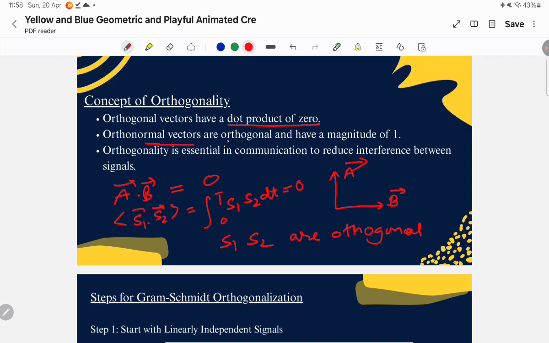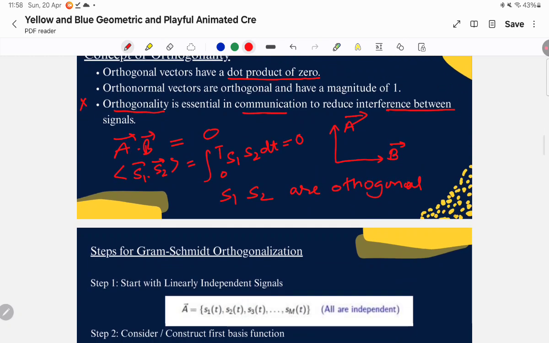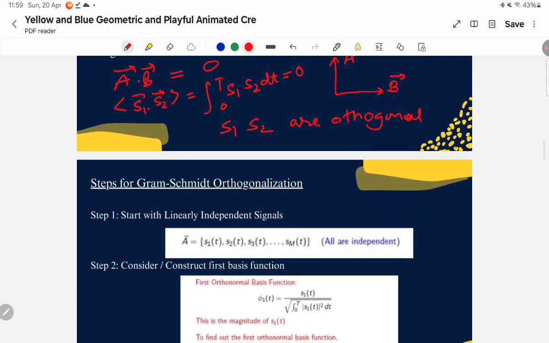Orthonormal vectors are orthogonal having magnitude 1, means if I calculate the inner product of S1 with the same signal, S1 dot S1, then this is going to be 1. Okay, and why is it important? This orthogonality is important in communication to reduce interference between signals, right? So it is used to reduce the interference between signals.